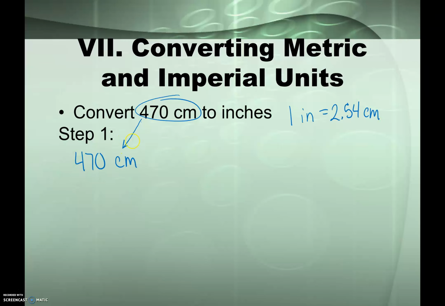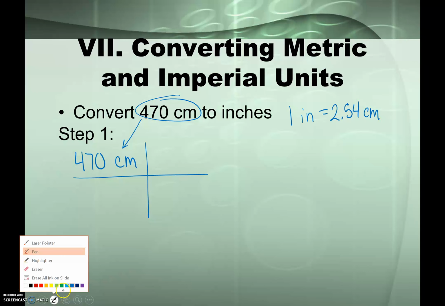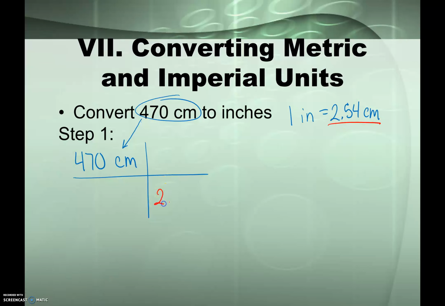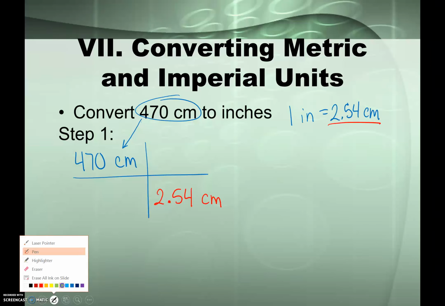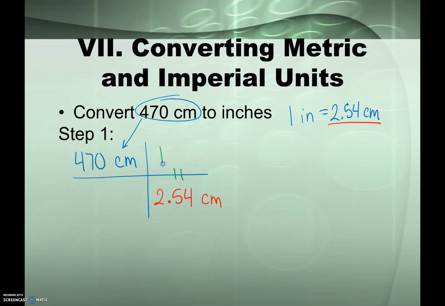Given will go in the first box. Create our railroad tracks. Now we're going to use our converting number, 2.54 centimeters. Don't forget that so that we can cross it off here in a second. Is equal to 1 inch. And this is what we're trying to get to.